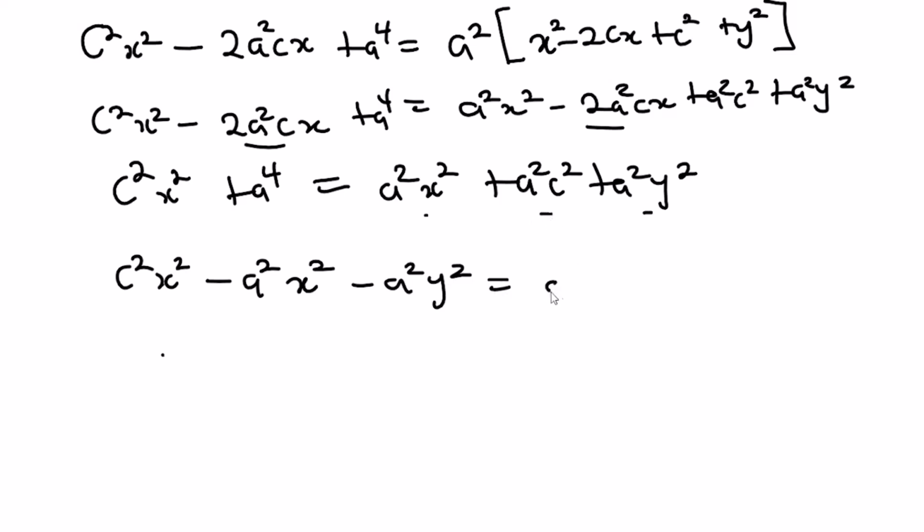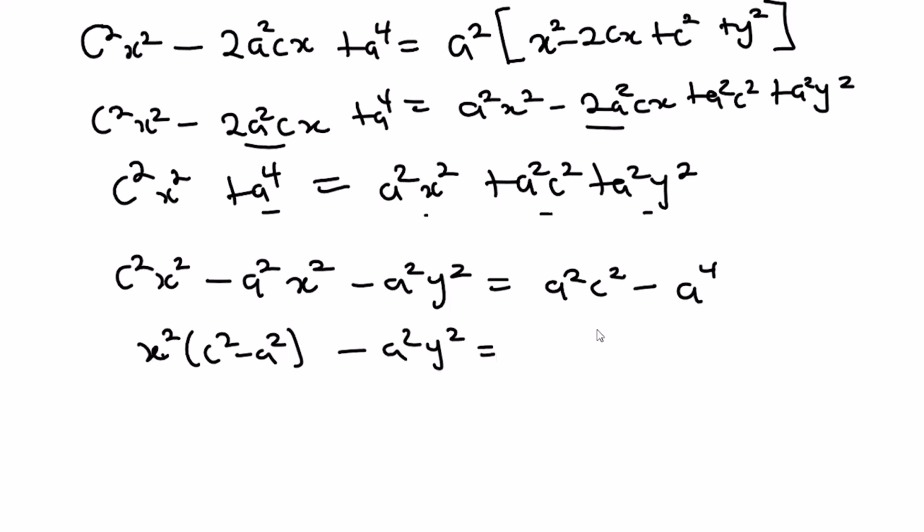So we are left with a squared c squared. Then bringing this one to the other side, we have a exponent 4 here. Now we can factor x squared out here for the first two terms. So this is going to give us x squared times c squared minus what? a squared, minus a squared y squared being equal to, factor a squared out, c squared minus what? a squared.